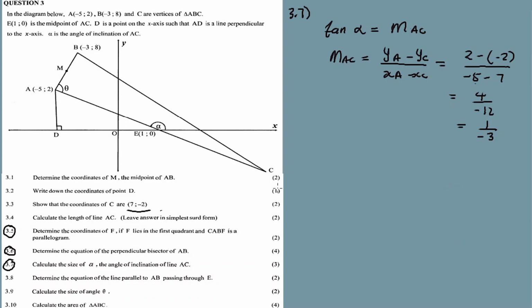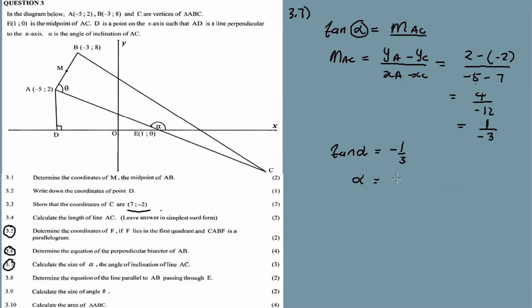It's the equation of that straight line. Now again, I have the gradient, and I have to find alpha again. So tan alpha is equal to negative 1 over 3.